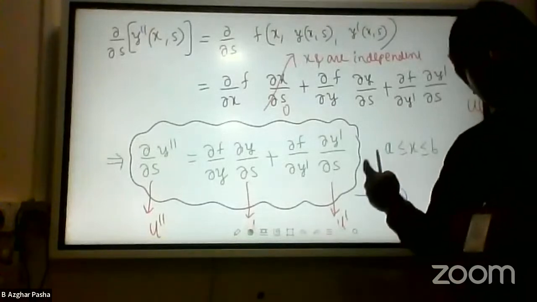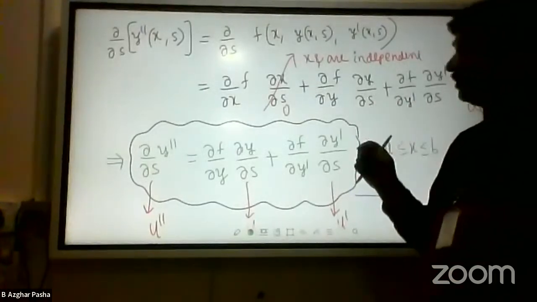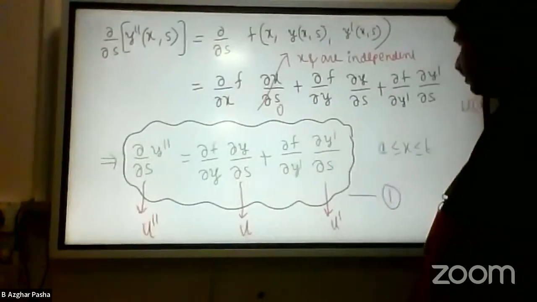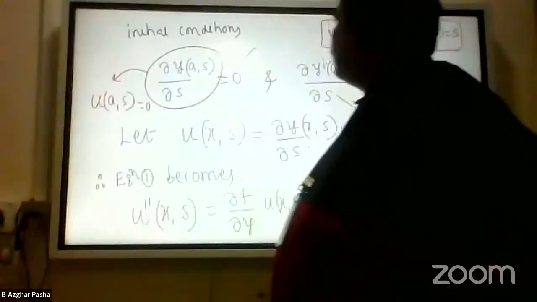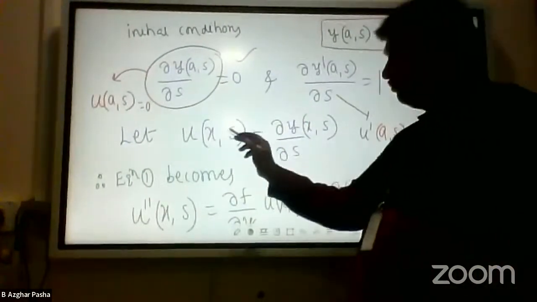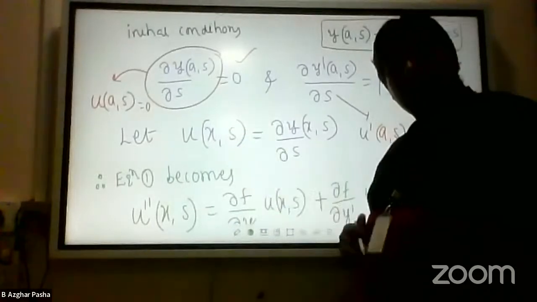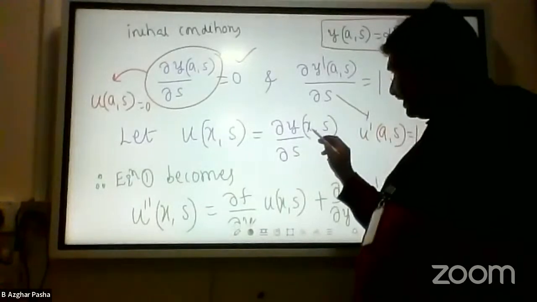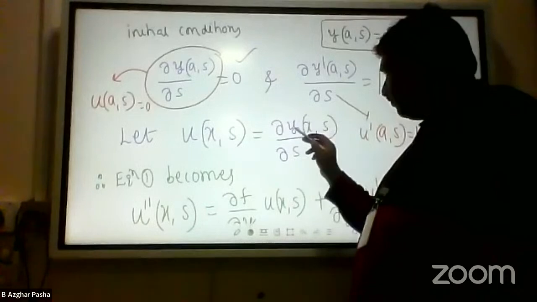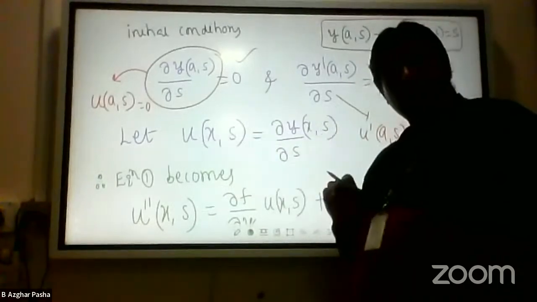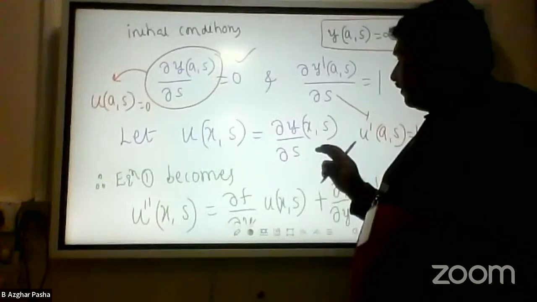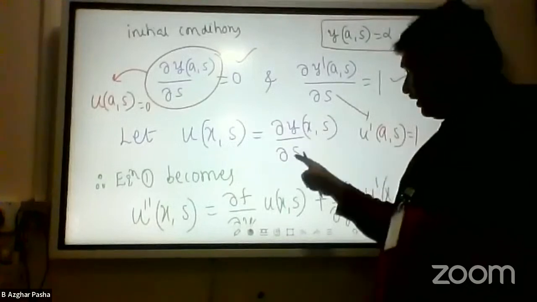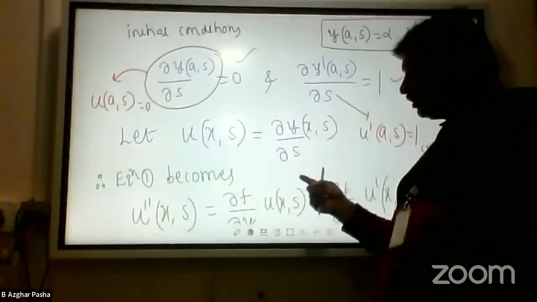In this case, the number of variables increases. There it was only f as a function of x, y and y dash, but here the terms are more. I denoted u to define the first set of initial value problems. Y was a function of x and s, and its derivative with respect to s was taken as u. Here, y depends on x, s and t, so dou by dou s is taken as u, and dou by dou t is taken as v.